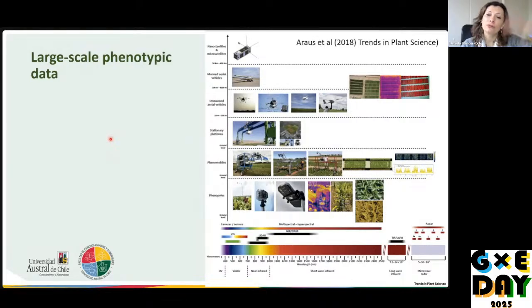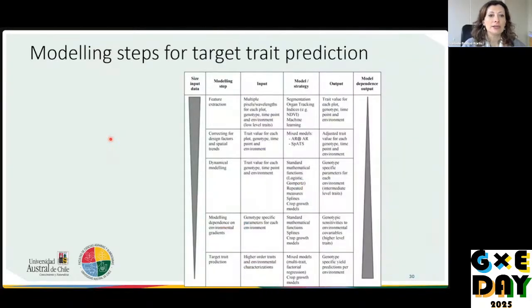And now we have a lot of techniques to do that with drones and other sensors, etc. But the challenge is how to summarize them, because we have a lot of pictures and a lot of pixels, but each of those pixels carries a very limited amount of information, and the challenge is to remove the noise and to create summaries or parameters that are as predictive as possible.